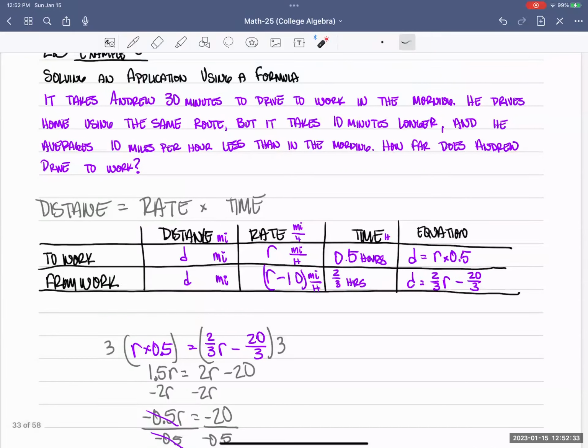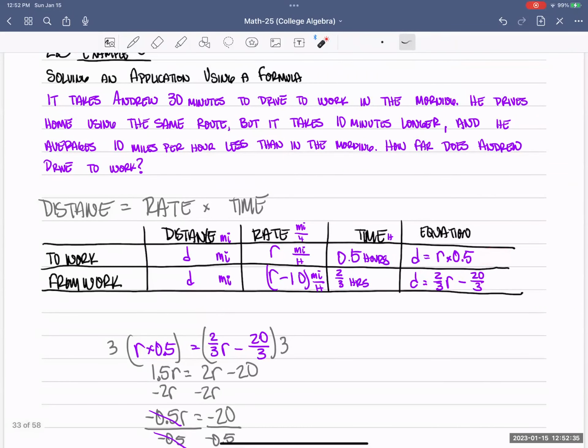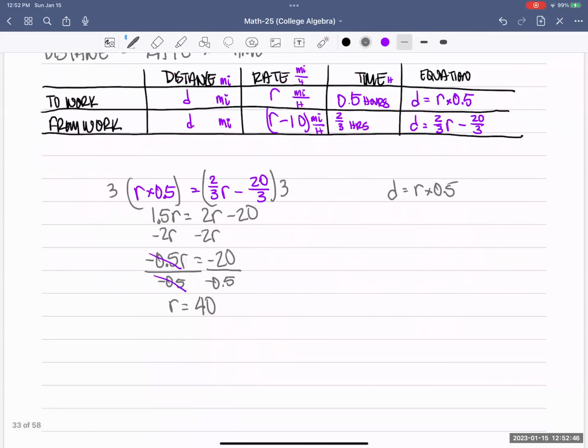I'm going to go with the easy route and just plug it into that equation. D is equal to r times 0.5. R we found out was 40. So 40 times 0.5. D is equal to 20.